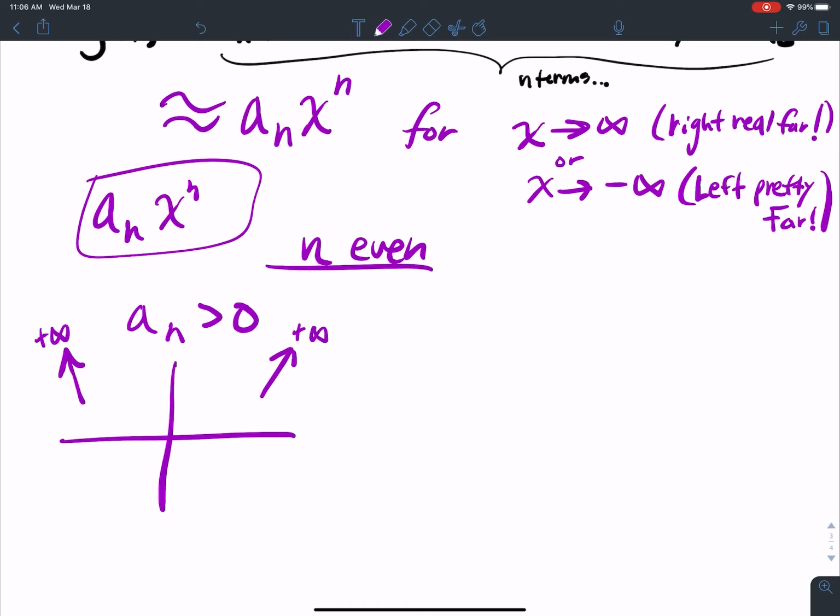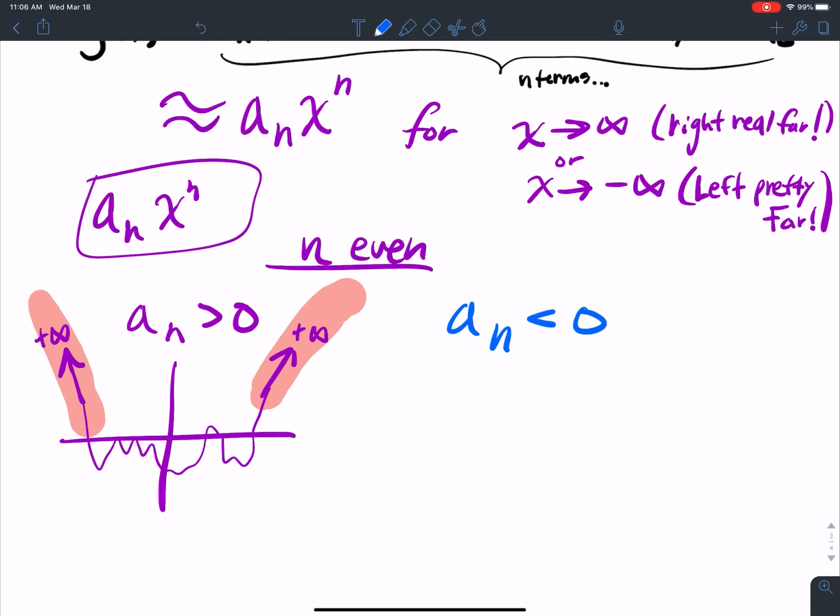Now, what happens in between is anybody's guess. But the end behavior, you're going up on both sides. Now, if a_n is negative, instead of going up positive, we're going down negative on both sides.